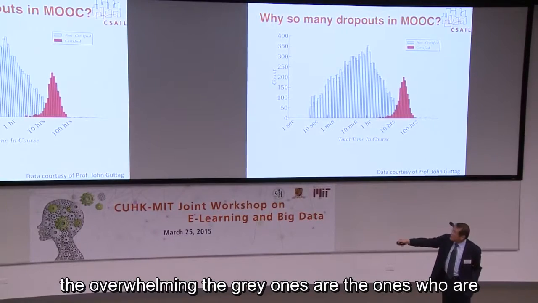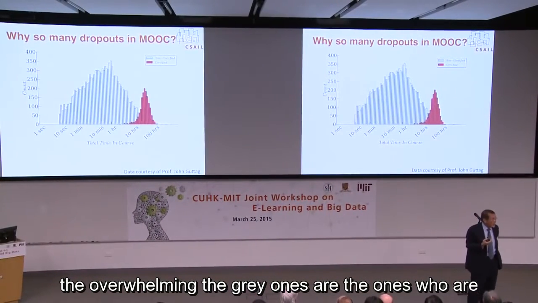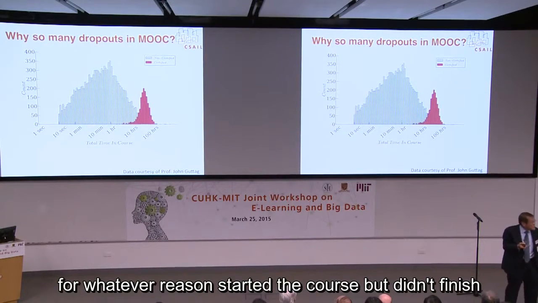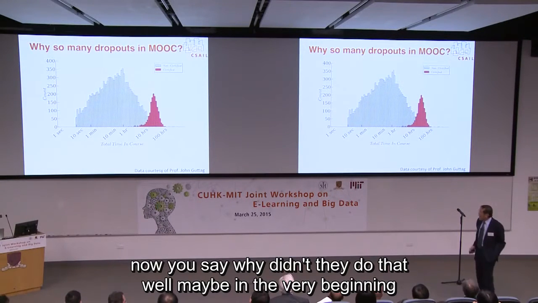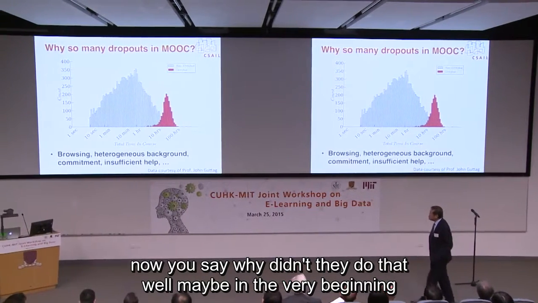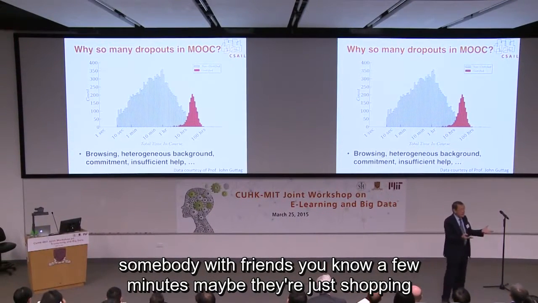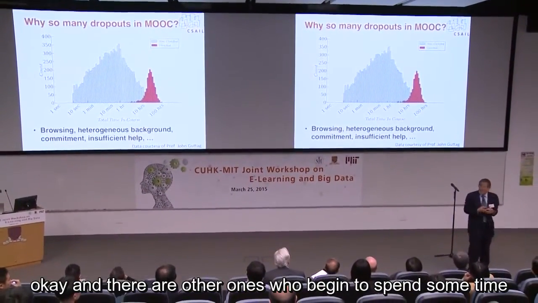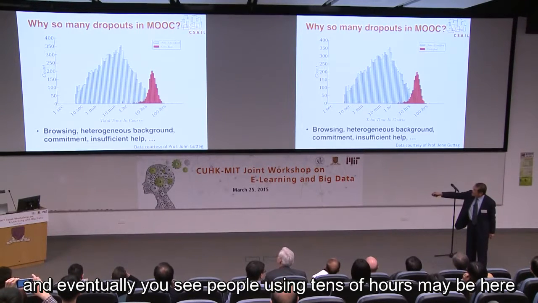And over here, the overwhelming, the gray ones are the ones who, for whatever reason, started the course but didn't finish. Now you say, why didn't they do that? Well, maybe in the very beginning, somebody who spends a few minutes, maybe they're just shopping. They get into the course, take a look, and say, I don't want it, okay? And there are other ones who begin to spend some time, and eventually you see people using tens of hours, maybe here.